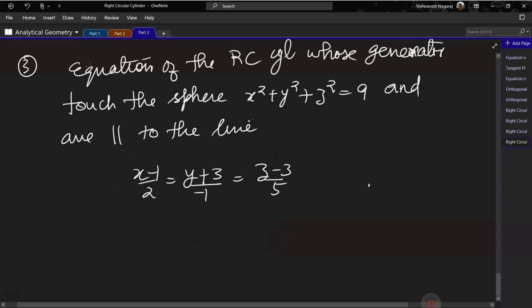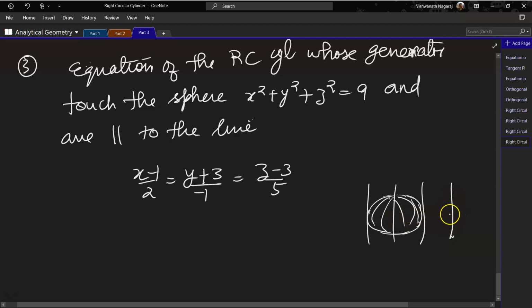Okay, now think of it like this. You have these generators and you have the axis and you have a sphere. Yes, you have the sphere which touches the generators. Okay, that is one thing. And the generator is parallel to this line.